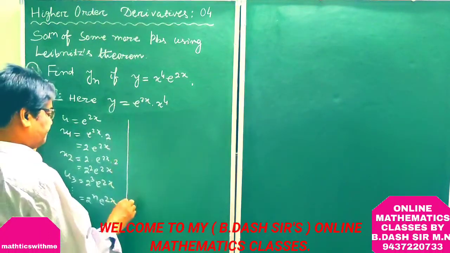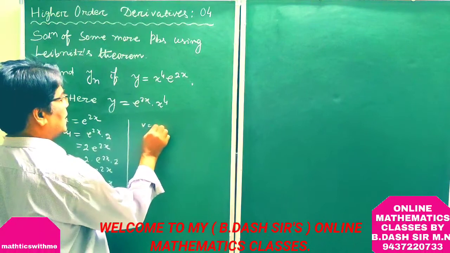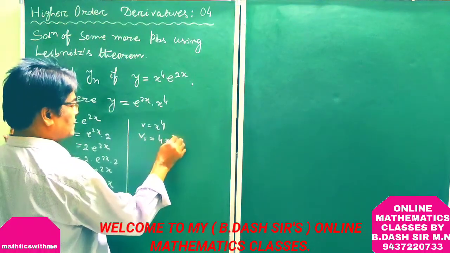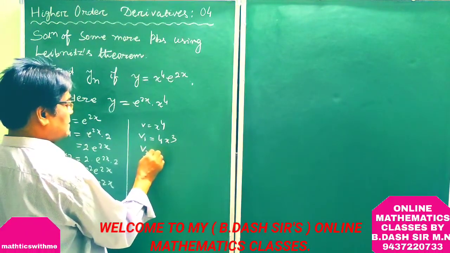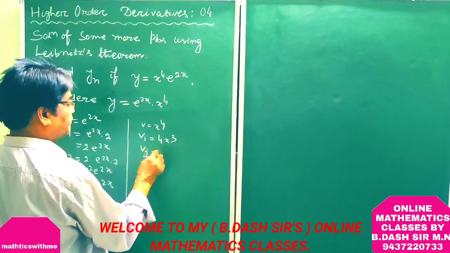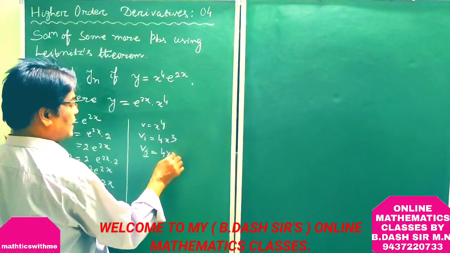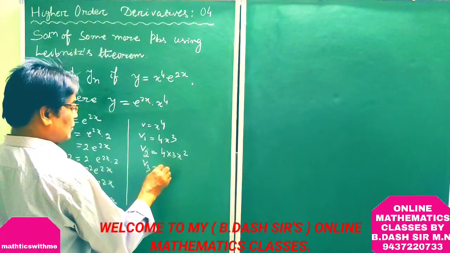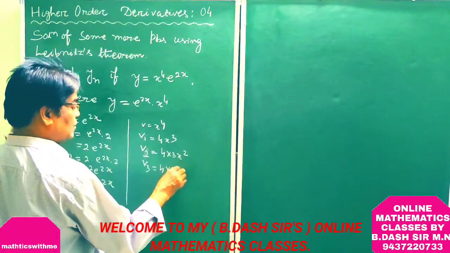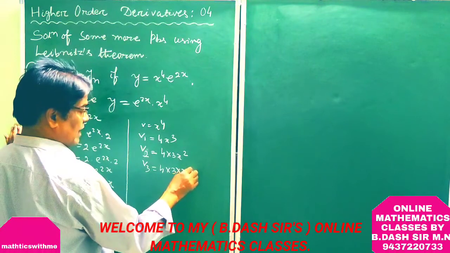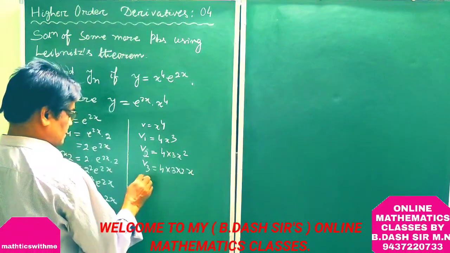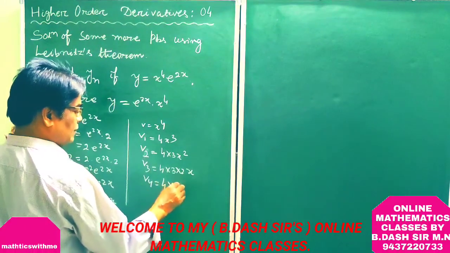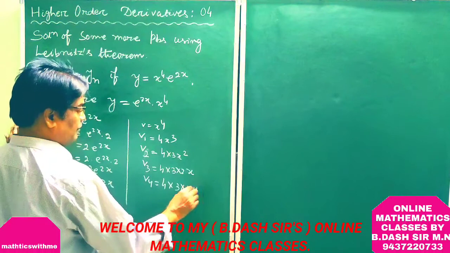So let v is equal to x to the power 4, v1 is equal to 4x cube, v2 is equal to 4 into 3 x square, v3 is equal to 4 into 3 into 2 into x, v4 is equal to 4 into 3 into 2 into 1.